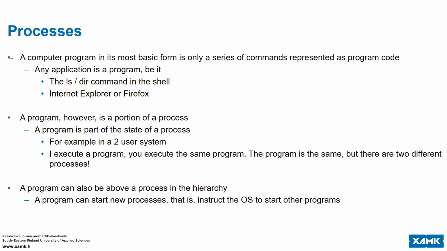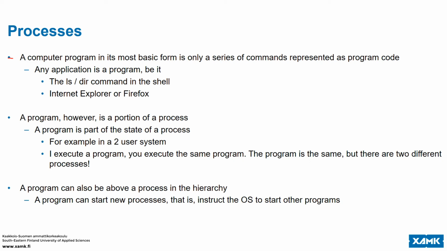So a computer program in its most basic form is a collection of program code. And a program could be any program that you have stored in the computer. So for example, it could be a web browser, a word processor, a command line utility, whatever it may be. Any collection of program code, any executable, is a program.